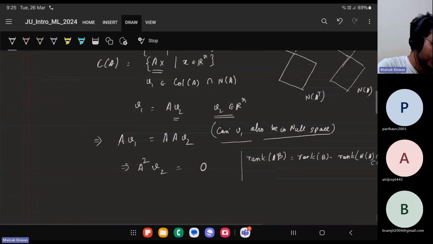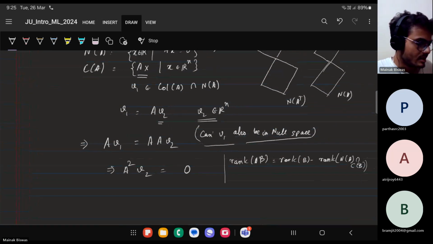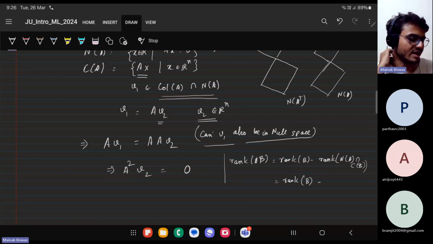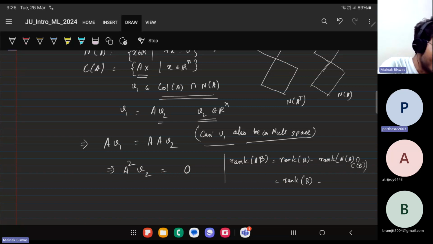So now tell me, the null space of A intersection column space of B here, what is it? They are both, this is exactly the set that you want to find, right?